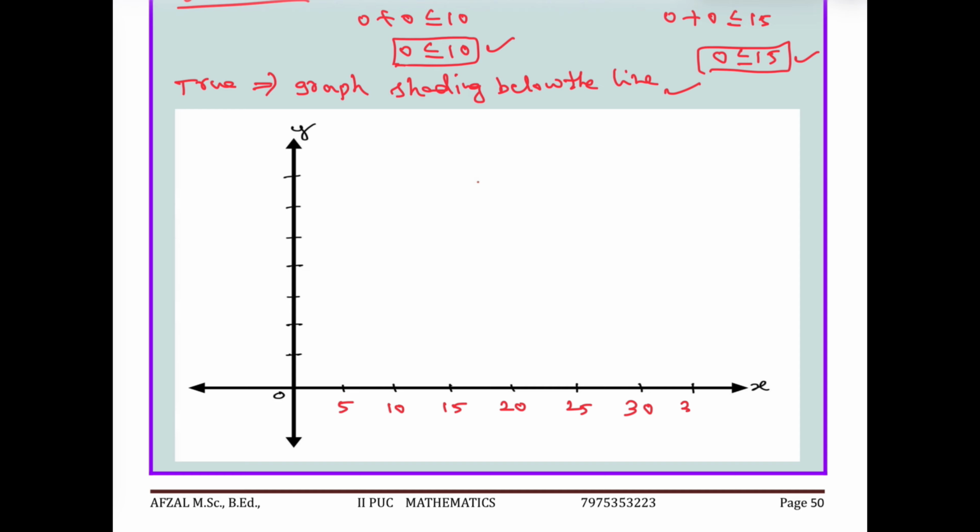That equals log x into x cube integration, which is x power 4 divided by 4, minus integral, again x cube integration is x power 4 divided by 4, into log x differentiation is 1 by x dx.